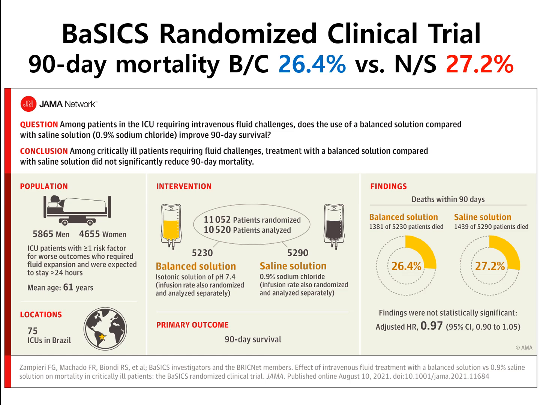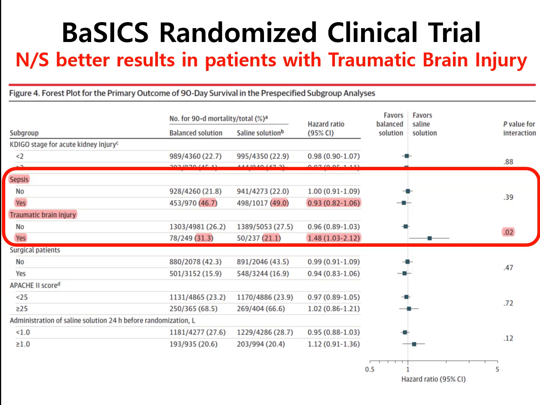The 90-day mortality was 26.4% in the balanced crystalloid group and 27.2% in the saline group. However, saline was better in patients with traumatic brain injury.